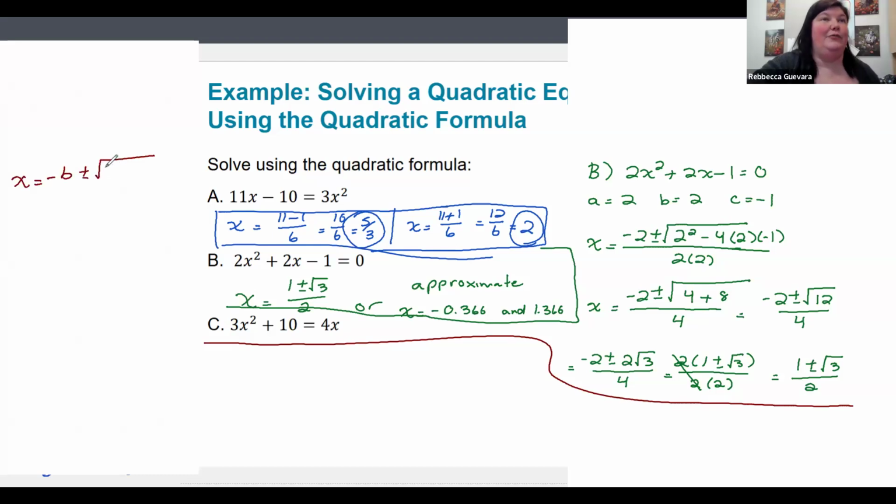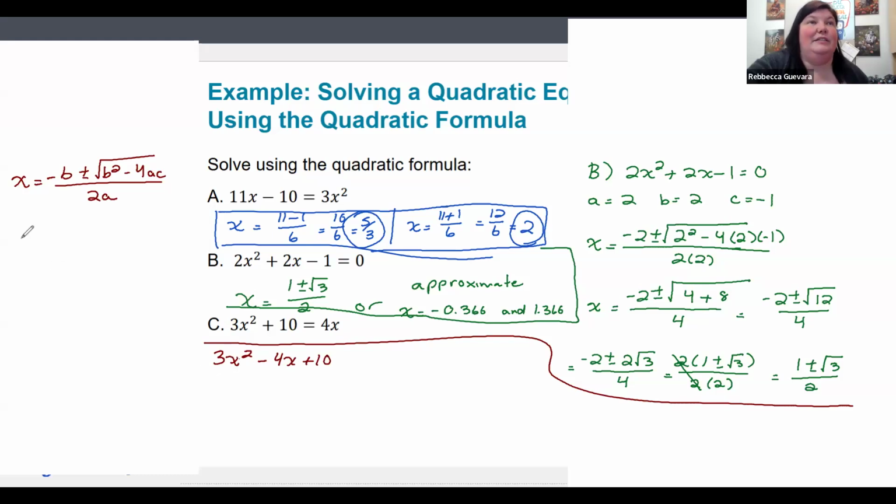Let me put my quadratic formula back here. So with C, we would have 3x squared. If we subtract, we'd have that 4x over here plus 10.